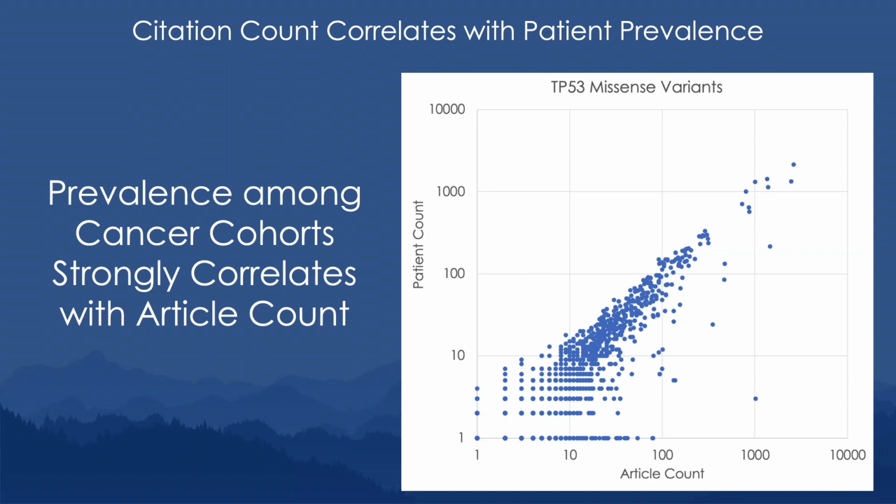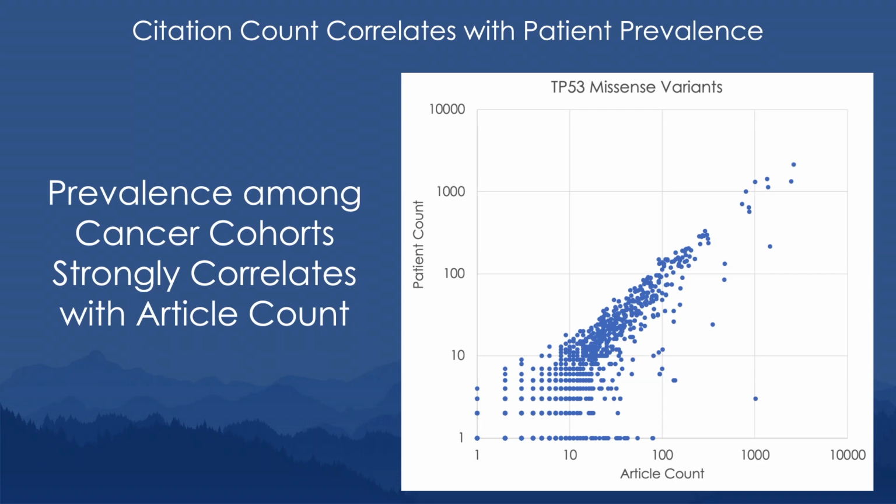And so the reason that came to my mind is we've seen that there's a correlation between the reference citations for each of these variants and the prevalence of patients with those variants across disease cohorts. And so this is a different disease circumstance for a different gene. In this case, it's cancer and p53 mutations.